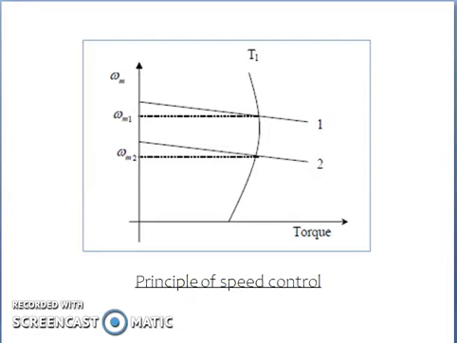Speed is changed to omega m2 from here to here when the motor parameters are adjusted to provide the second torque. So if I adjust the torque with this characteristics, the speed will be this. If I change the parameters, speed also comes from omega m1 to omega m2.